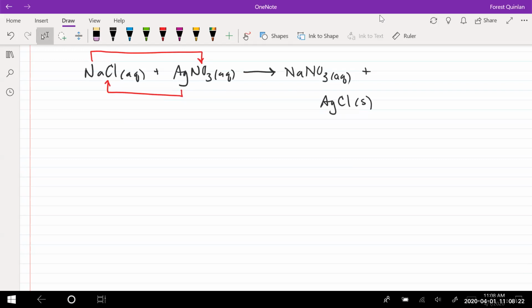Here we're going to have MgCl2, aqueous, and potassium phosphate, K3PO4, aqueous.